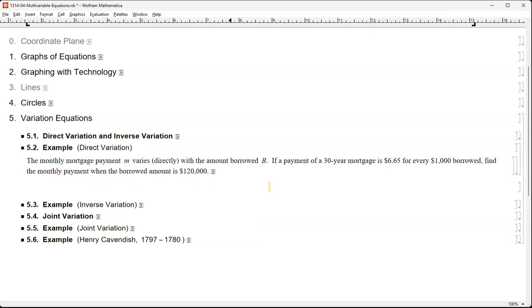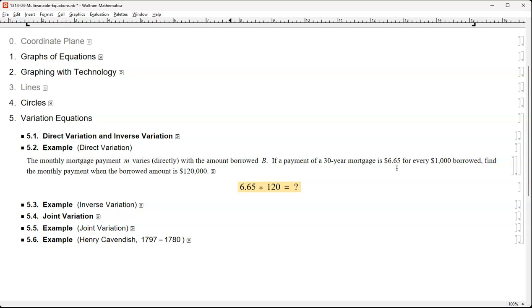So how do you get the answer? 665 times 120. That's what you're looking for, right? Is that clear? 1,000 times something is $120,000. Of course, we multiply by 120. So direct variation means multiplication.